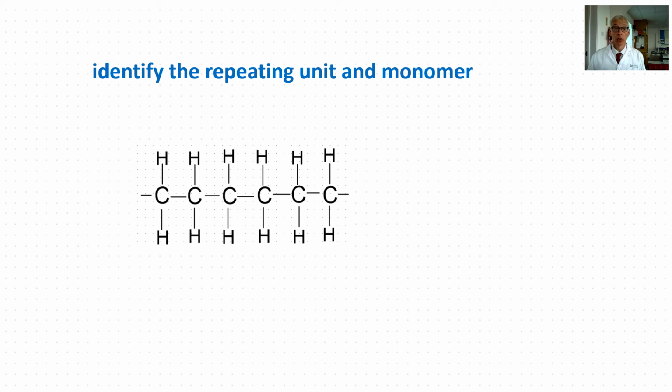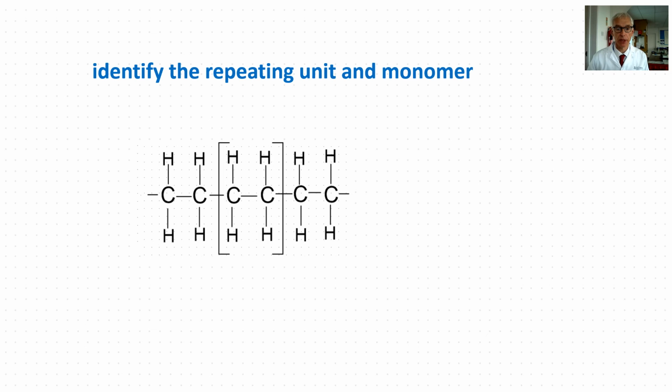So you're also expected to identify the repeating unit given a polymer chain or section of a polymer chain, and therefore deduce the monomer. So let me just model this one for you. I'm going to identify the repeating unit. Again, looking at 2 carbons in the carbon chain and all the atoms attached.